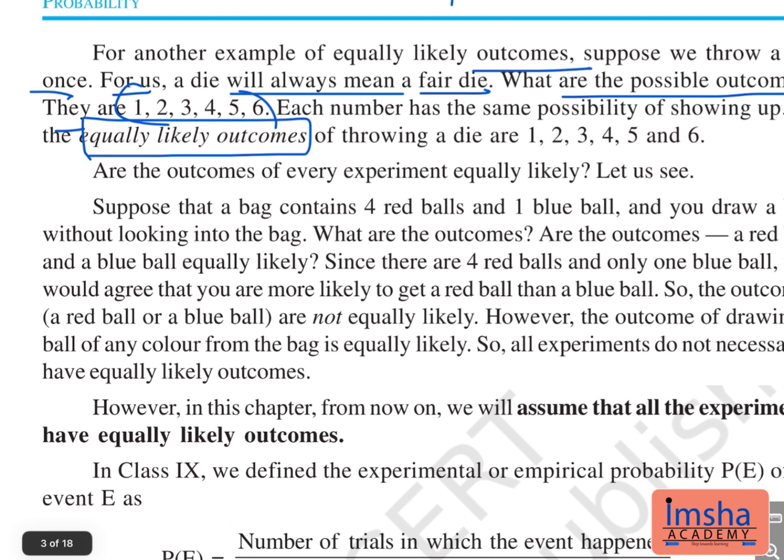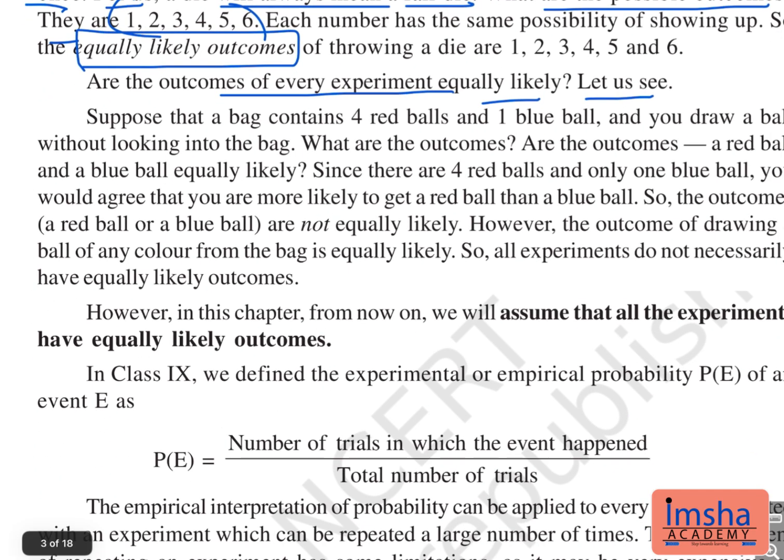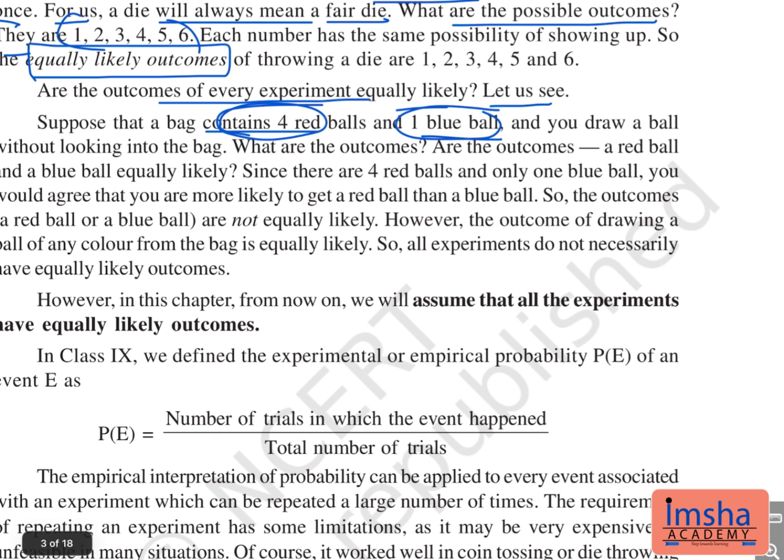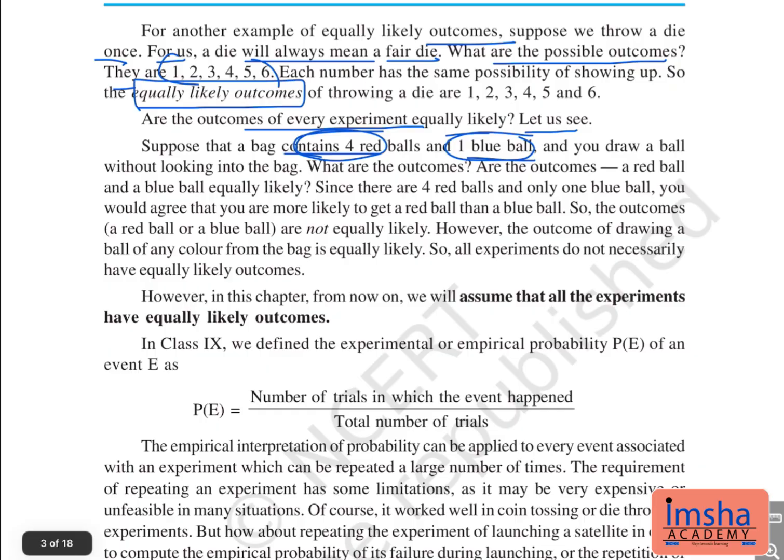Remember this. Are the outcomes of every experiment equally likely? Let us see. Suppose that a bag contains 4 red balls and 1 blue ball, and you draw a ball without looking into the bag. What are the outcomes? Are the outcomes red ball and blue ball equally likely?